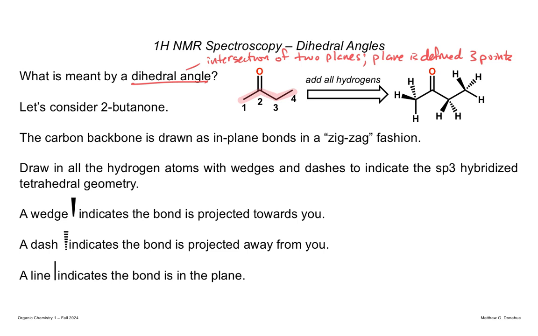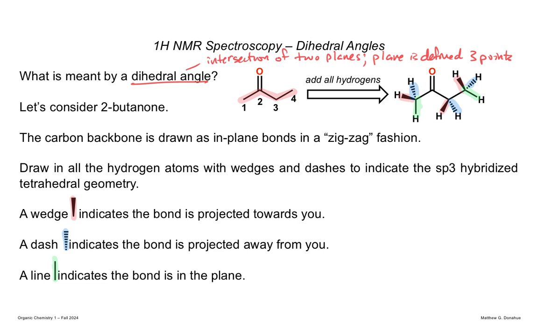The wedges, which I'll highlight in red, those are projected out towards you. The dashes highlighted in blue are going away from you. And then in green, just the regular bond line, that's in the plane.